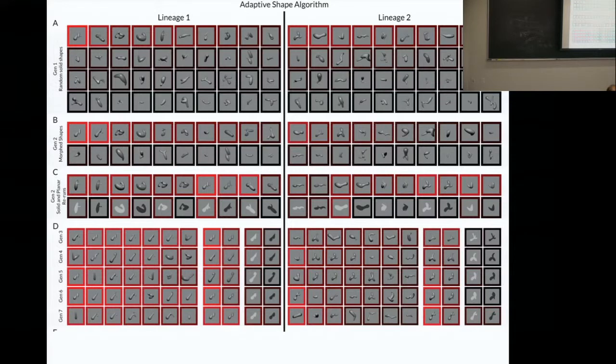Here's the first part of the experiment. The whole experiment is divided into two lineages, lineage 1 on the left, lineage 2 on the right, and the reason for that is that we can then compare the lineages, we can cross-validate models, and we can prove to ourselves that the evolution doesn't just find a local minimum in response, or local maximum in response to space.